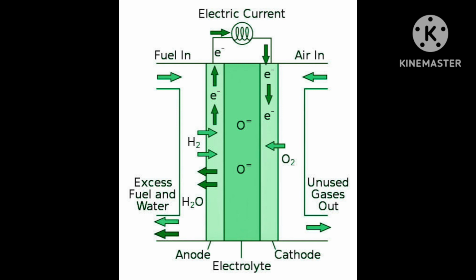Then this device is called fuel cell. Okay, then galvanic cells that are designed to convert the energy of combustion of fuels like hydrogen, methane, methanol, etc. directly into electrical energy are called fuel cells.